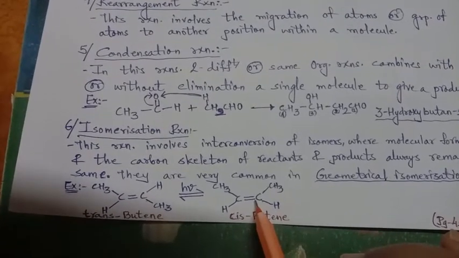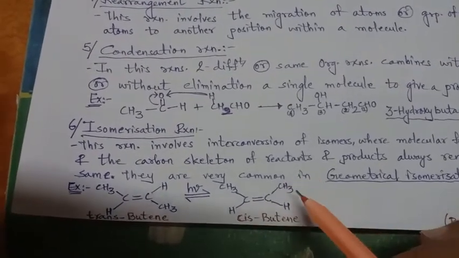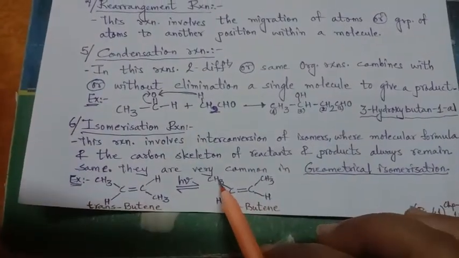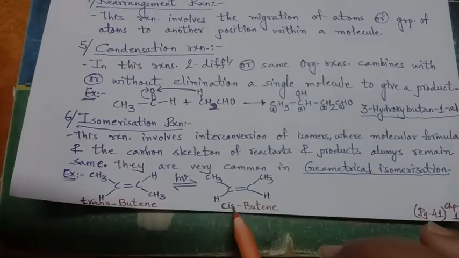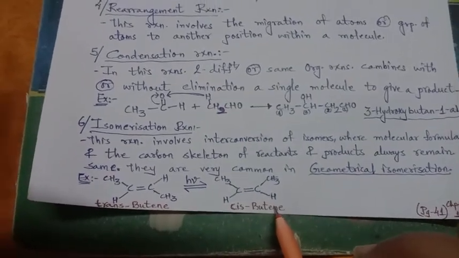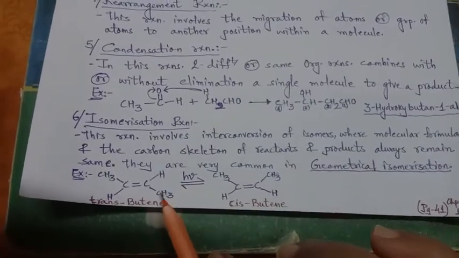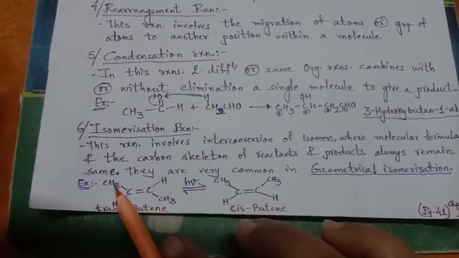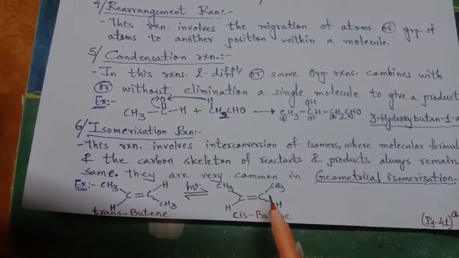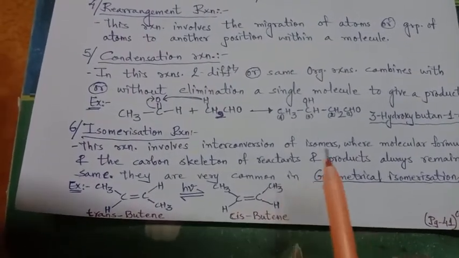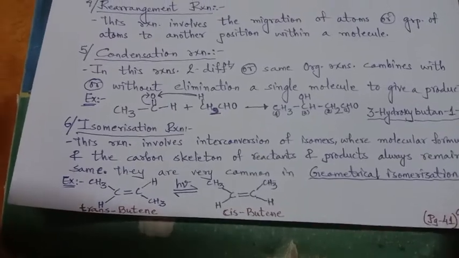Right? 360-degree rotation won't take place. So here from this position it will just go to this and it will be on the same side. That is, the cis-butene forms. So this is isomerization reaction. A reaction in which only interconversion of the attached groups or substituents takes place. That is called isomerization reaction.